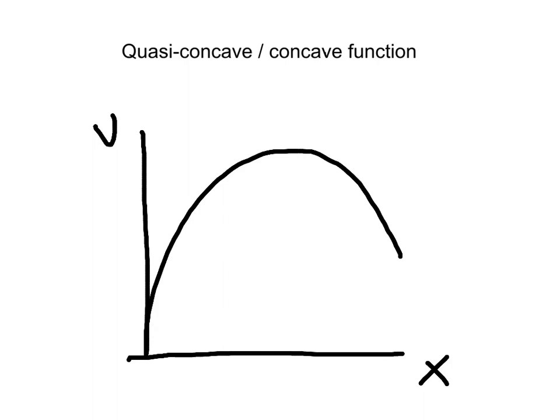The reason that this function, as it's currently drawn, is also concave is that if I take two bundles, x and x prime, let me change color. Here is x, and here is x prime. And here is u of x, and here is u of x prime.